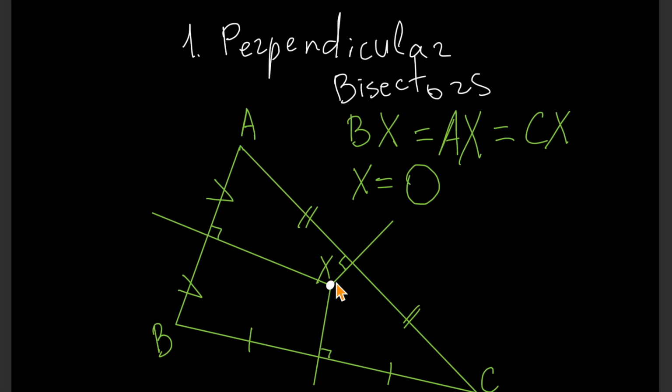As we all know, their intersection, let's call it X, is equidistant from A and B as well as from A and C. Thus, it is equidistant from B and C and lies on the third perpendicular bisector. So what this means is that X is the circumcenter of the triangle.